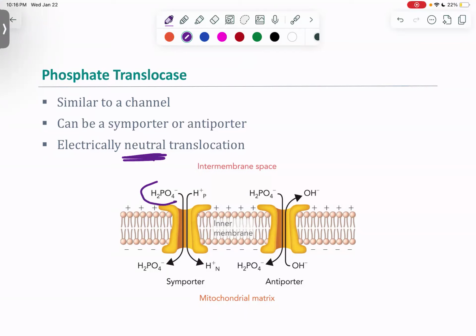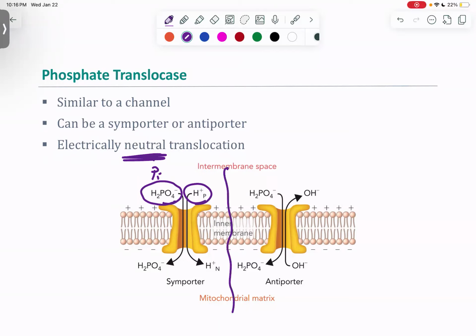Well, if I bring in an inorganic phosphate, and at the same time I bring in a proton, I'm bringing in a positive charge and a negative charge. They cancel each other out. So the charge hasn't changed in the intermembrane space or in the mitochondrial matrix, right? So that's an electrically neutral translocation.